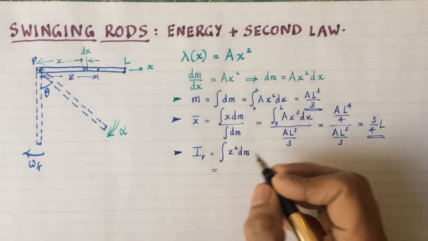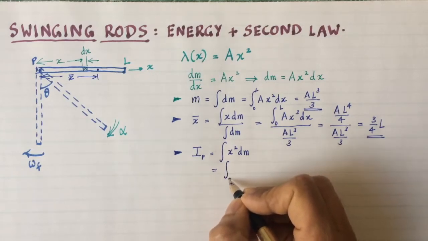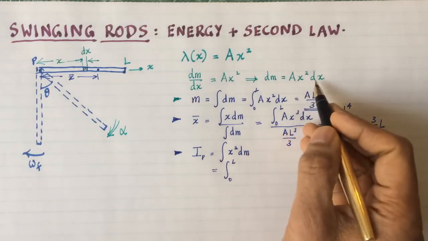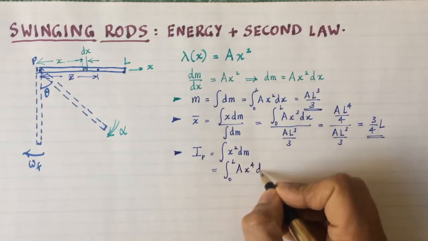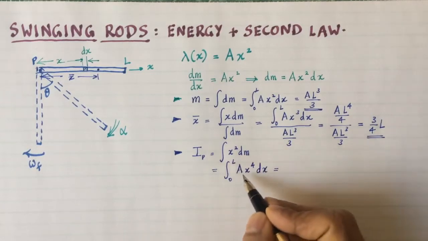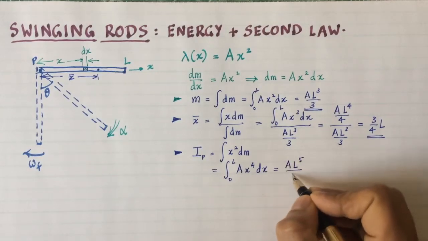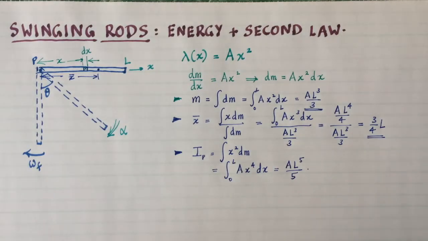So let's evaluate this next. That's going to be the integral from 0 to L. When I multiply dm, which is that, by an x squared, I get ax to the 4 dx. And when I evaluate this, I'm going to get ax to the 5 over 5. So that's aL to the 5 over 5. So that's all the calculus we really need in this problem.